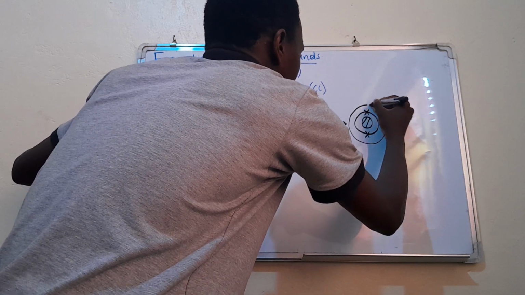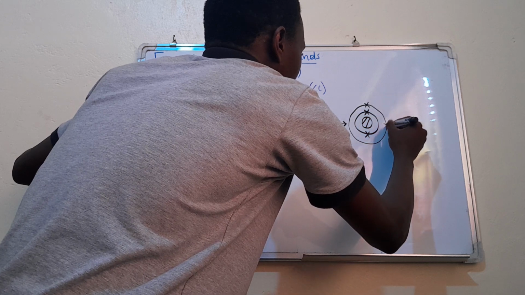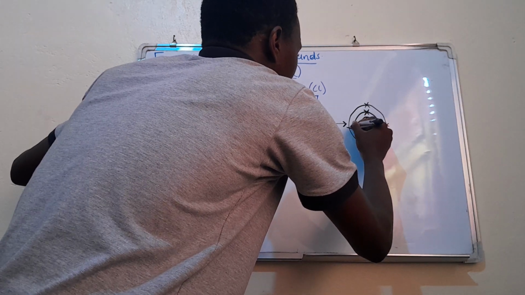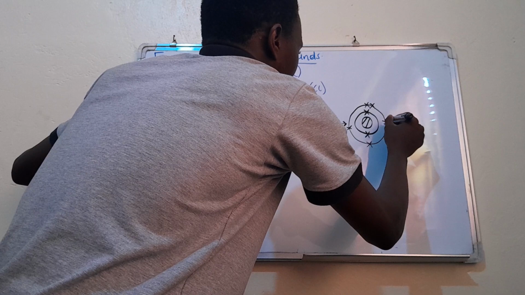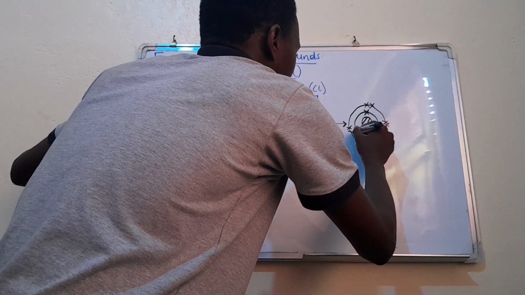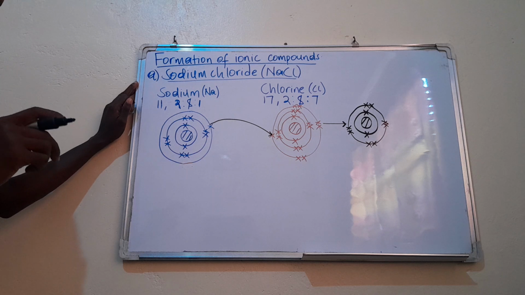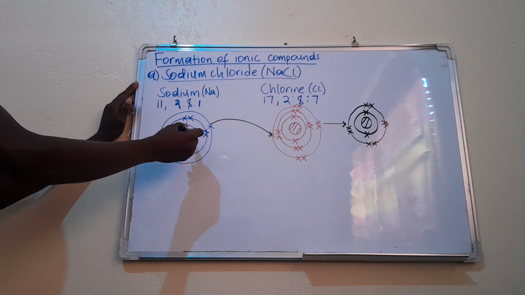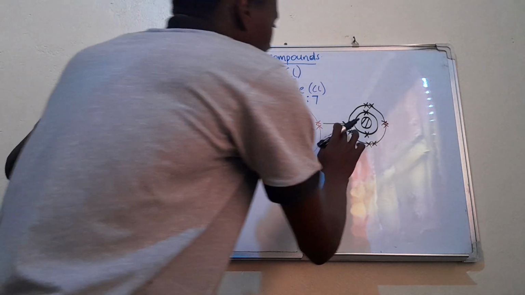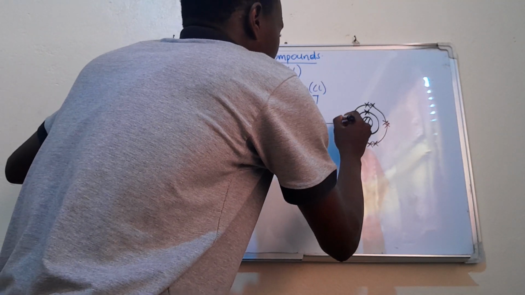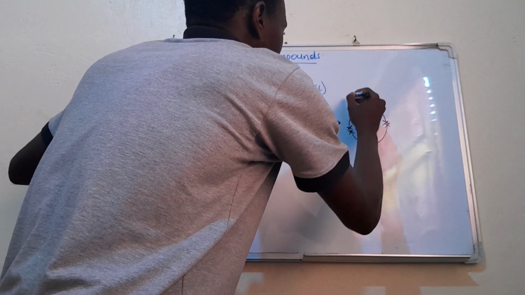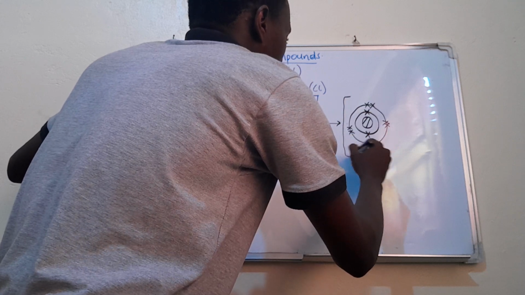We have lost that one electron in the outermost shell, so we shall be left with the first shell and the second shell. So this is the new sodium.